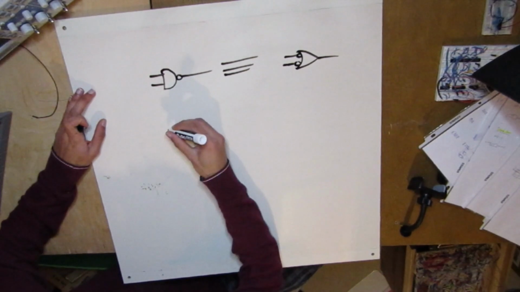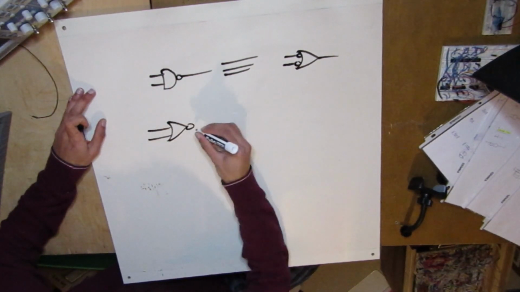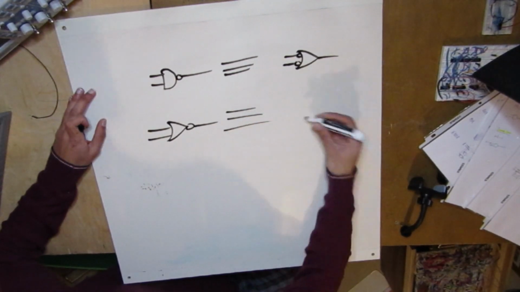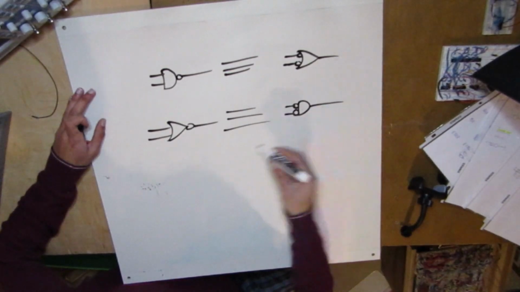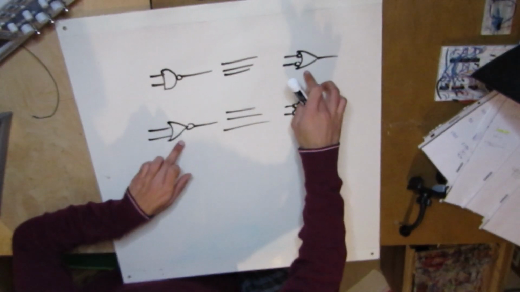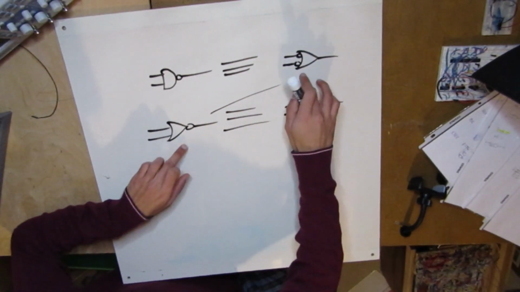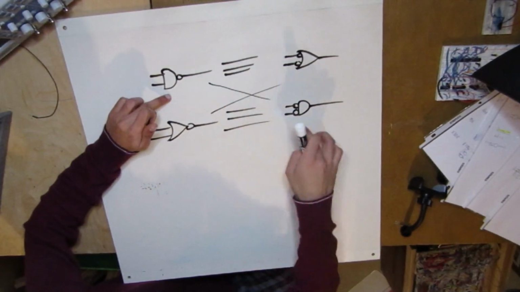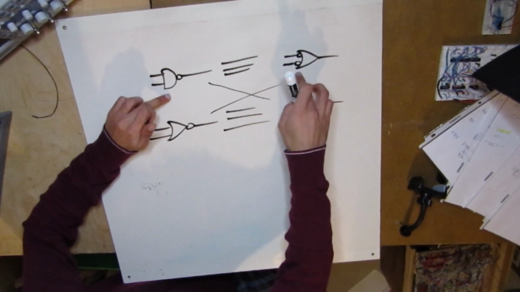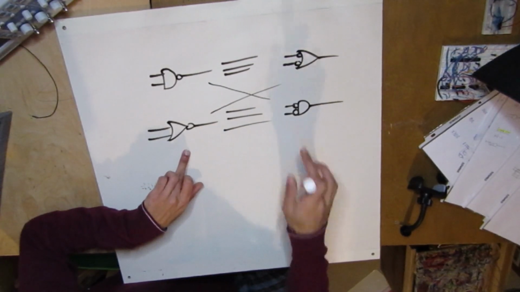Okay, now let's draw the NOR gate. The NOR gate is equivalent to an AND gate with inverted inputs. Now you can see that we have an OR type of logic on this side and this side. So just think of NAND as the OR version of inverting the inputs. And the NOR is just the AND version of inverting the inputs.